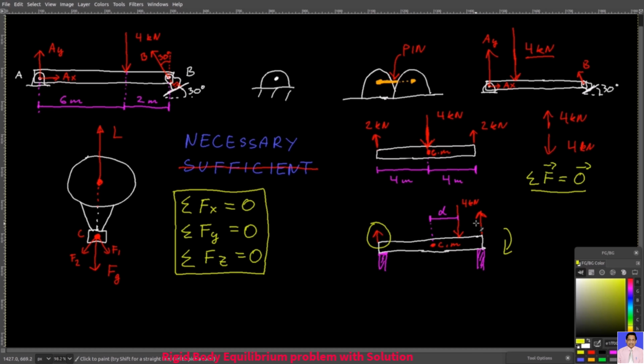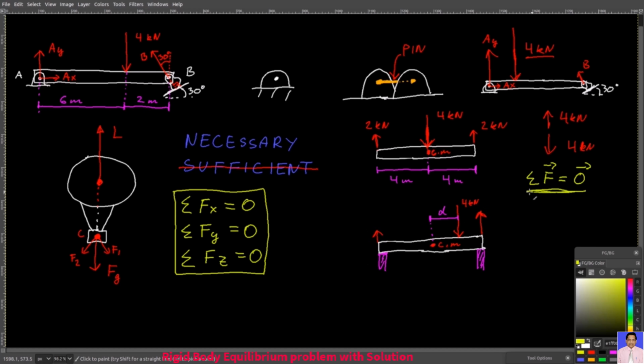If you take this one and you add them together, you will still get 4 kilonewtons up. But now, your reaction forces also need to fight against this tendency to rotate, not only the tendency to accelerate.